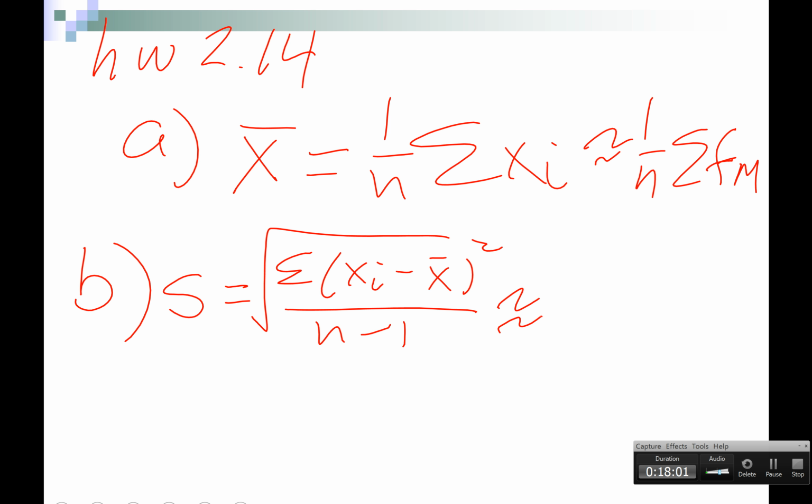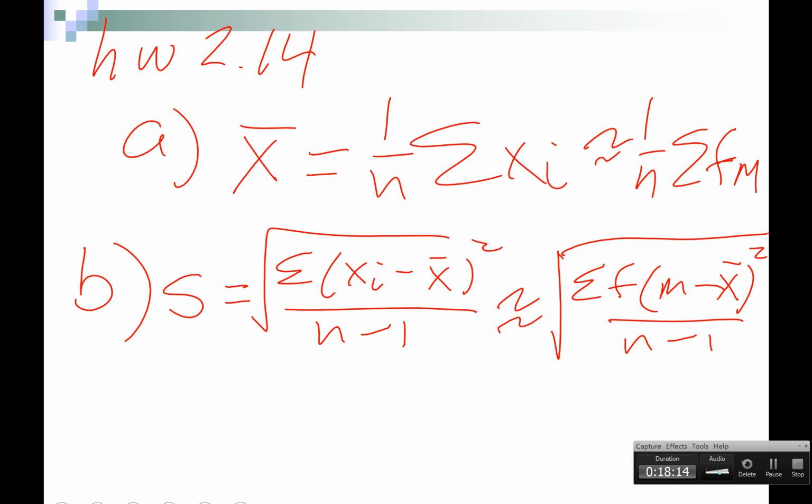We do know what x bar is, but we don't know what the x's are. So we're going to estimate that again with the summation of f times m minus x bar quantity squared divided by n minus 1. Now, I didn't write it in here, but the index on this sum goes from 1 to 69, but the index on this sum only goes from 1 to 8.